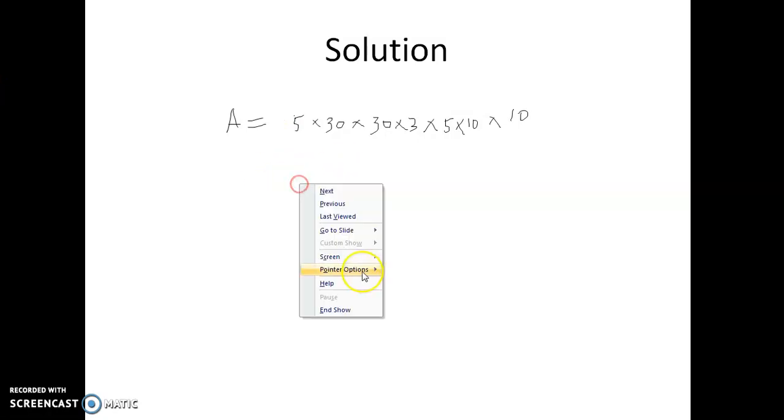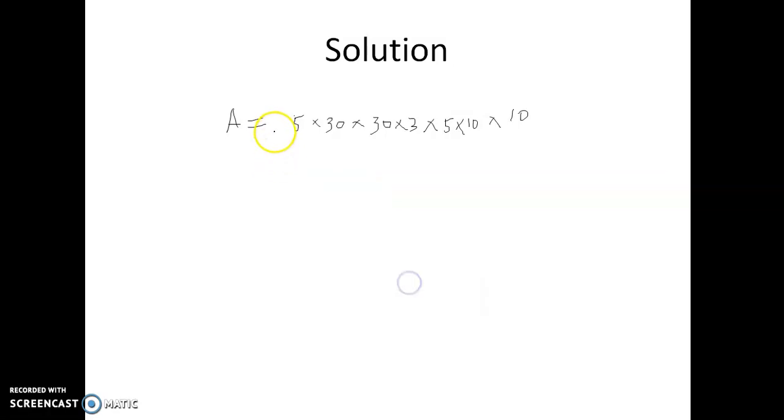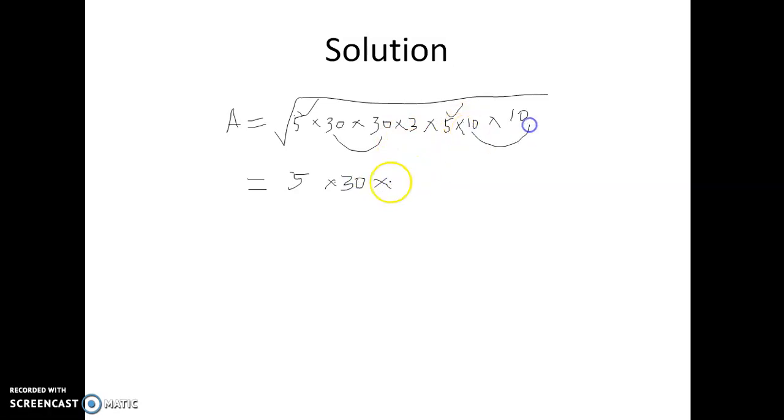Take the common factors: how many 5s are there? 2 fives are there, you can take 1 five out of 2 fives. 2 thirties are there, you can take out 1 thirty, and 2 tens are there, out of these you can take 1 ten. Okay, what is the remaining one? The remaining one is only 3, it does not have any pair, so it stays inside the square root as it is.